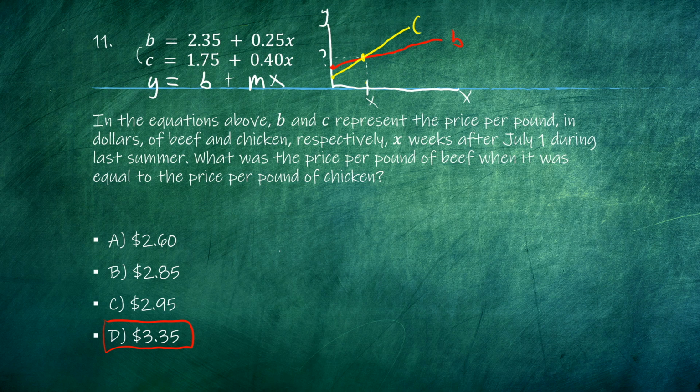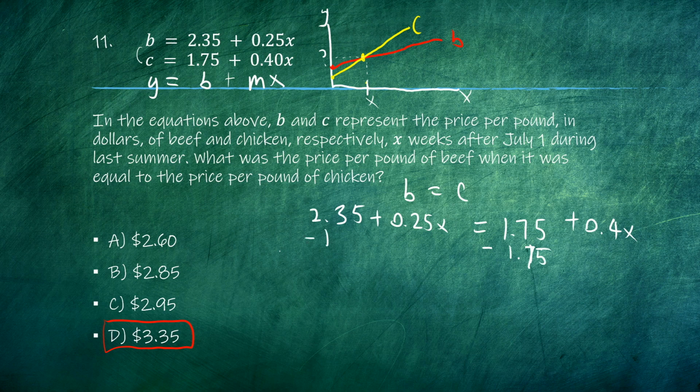And to solve this, we have to set B equal to C, and we know B is 2.35 plus 0.25x, equal to 1.75 plus 0.4x. So first we can subtract 1.75 on both sides, and then the next step is to subtract 0.25x on both sides.